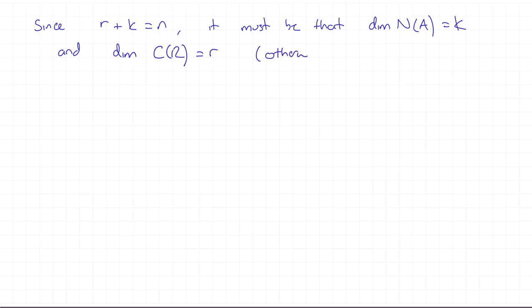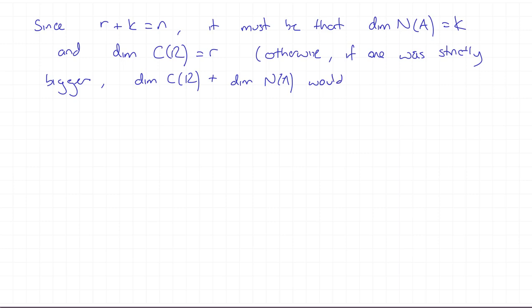Otherwise, if one was strictly larger, then dim C(R) plus dim N(A) would be greater than k plus r equals n, and that's impossible because by the rank nullity theorem the sum of those two dimensions is equal to n. Okay, it must be that this happens. Right, so we're now done.